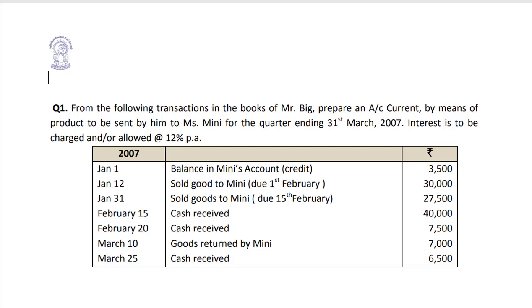Interest is to be charged and allowed at the rate of 12% per annum.